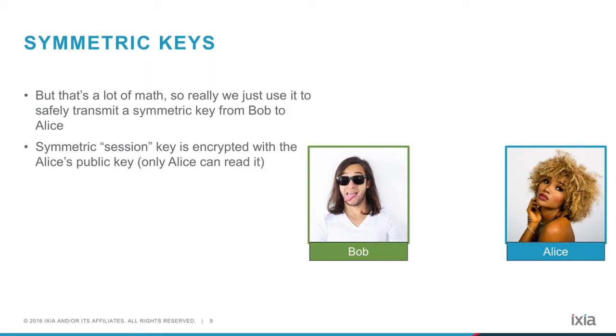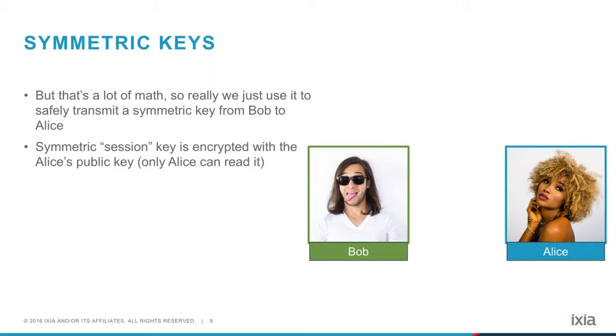So we go through the exchange that we just went through, and basically you could use 2 in that example as your symmetric key, and so we'll use the number 2 to encrypt and decrypt. We'll use that as the key to encrypt actual data in transit. Okay, so that key exchange that we went through is really used in practice to establish this symmetric session key, because that's again encrypted with Alice's public key and then decrypted with her private key.